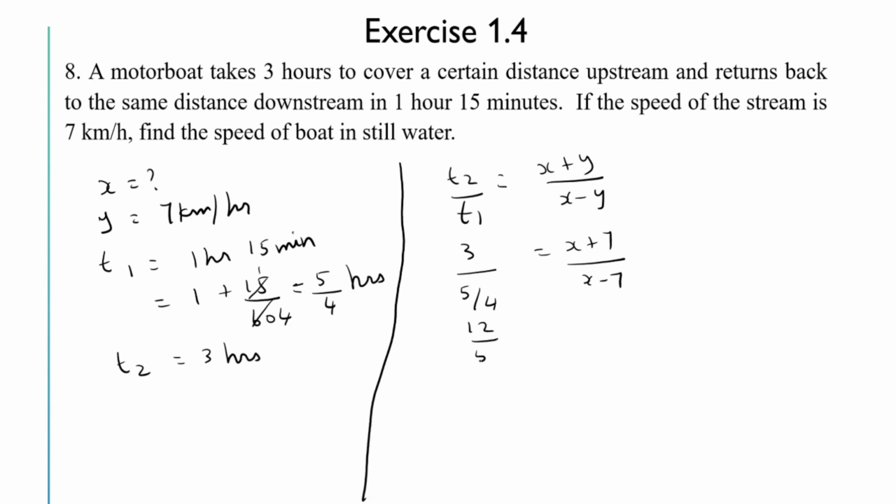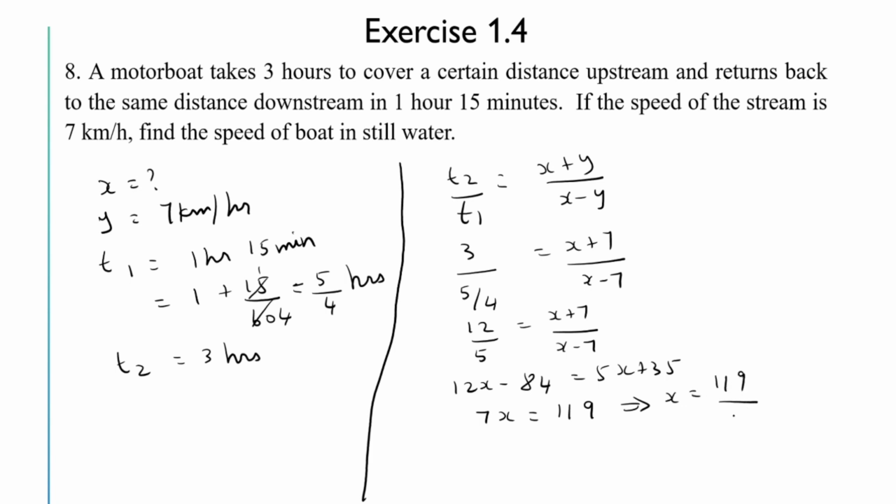So 12 by 5 is equal to (x plus 7) by (x minus 7), or 12x minus 84 is equal to 5x plus 35, or 12x minus 5x, 7x is equal to 119. So from this we get x is equal to 119 by 7, that is equal to 17. So the speed of the boat in still water is 17 kilometers per hour. Therefore, x is equal to 17 kilometers per hour.